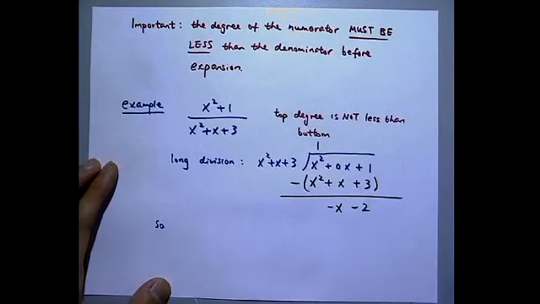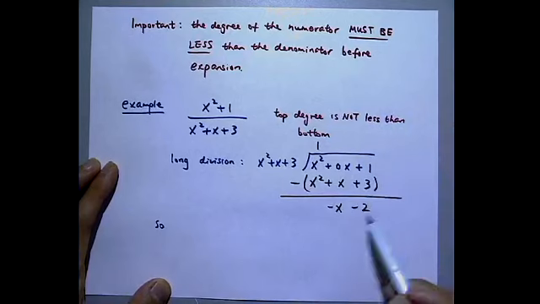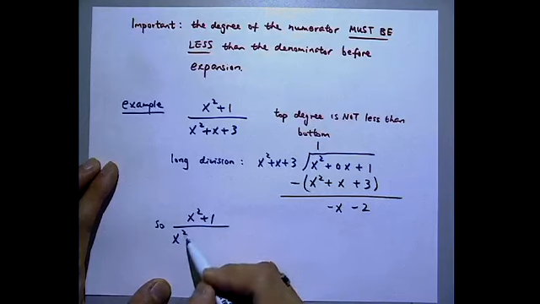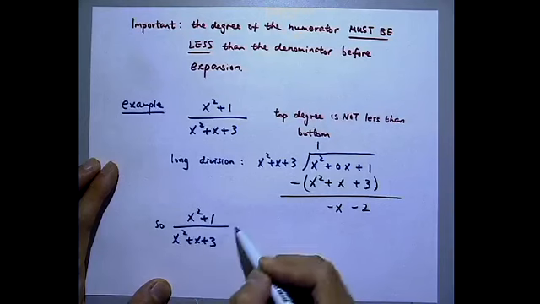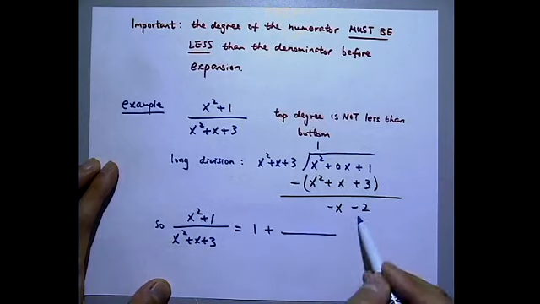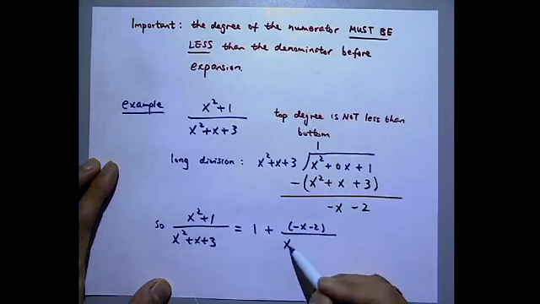So what this means is that when you do the division here, you get a 1 here, and then a remainder of this. Equal to 1 plus the remainder over that.